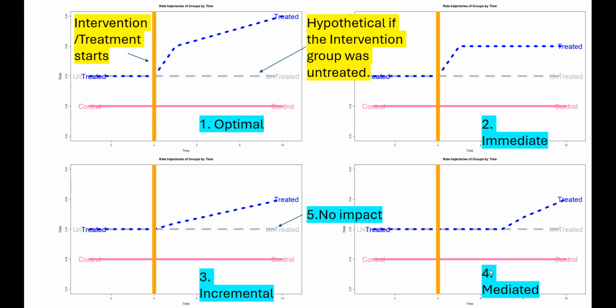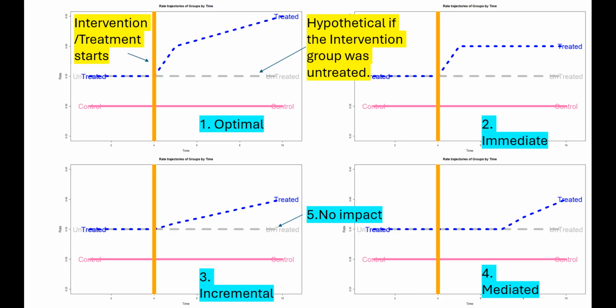And then for that fourth type of impact, we have mediated impact. So we may see that the intervention doesn't show an improvement right away, but that could be because of other reasons.